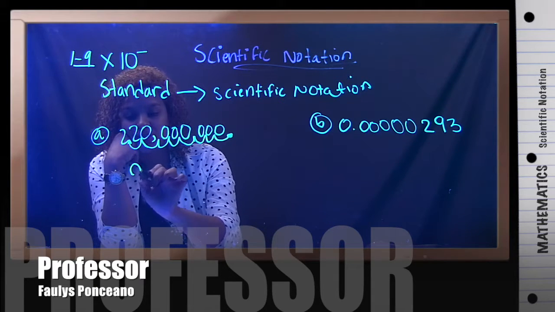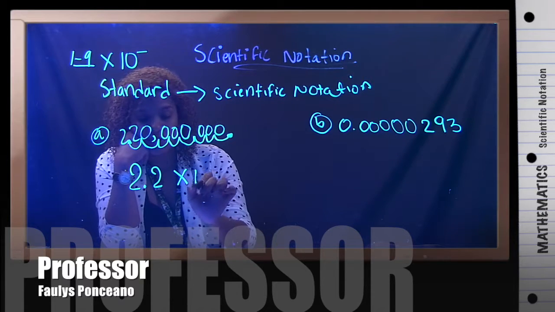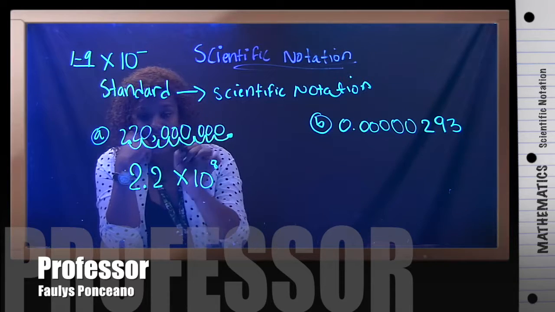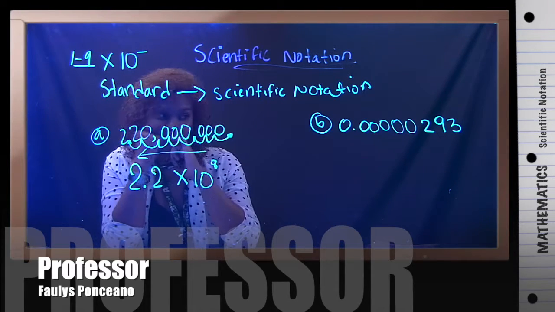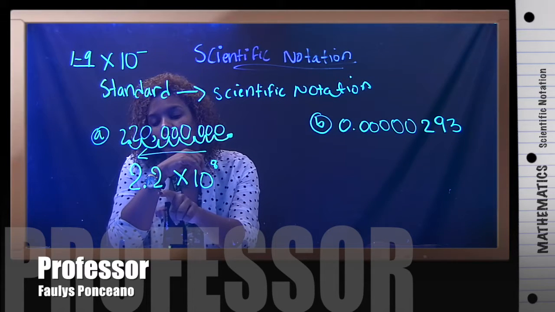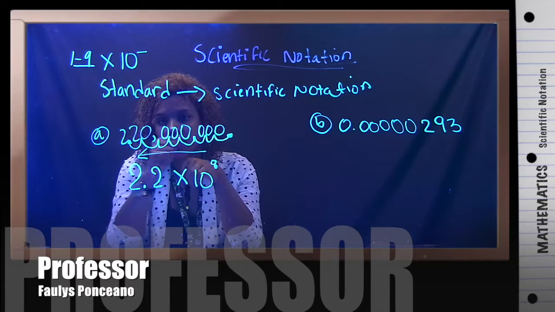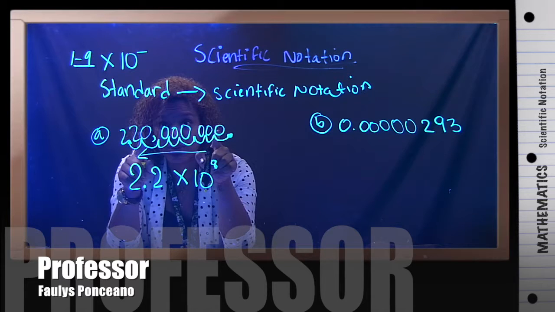So you're going to start with 2.2 times 10 positive 8. You went this way, your exponent is positive. Okay? Now, why did I leave this 2? You have to keep it. The only numbers that you can get rid of are the zeros.